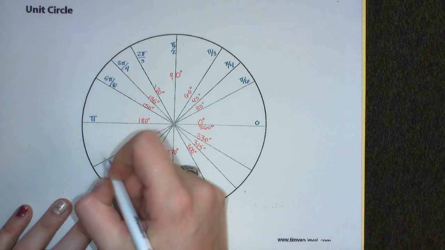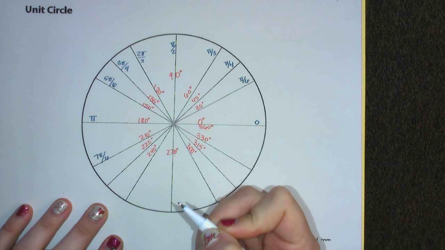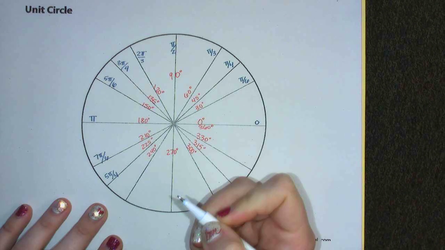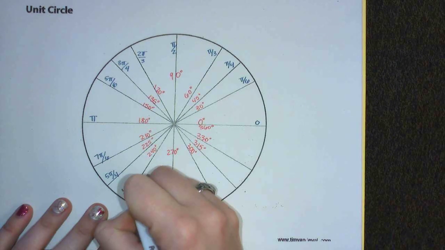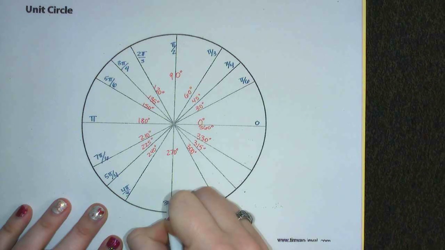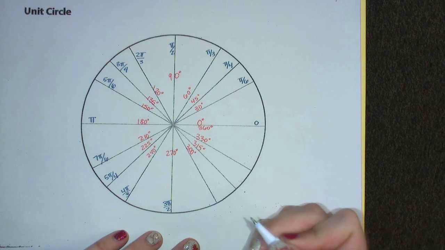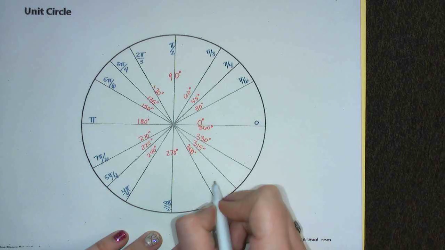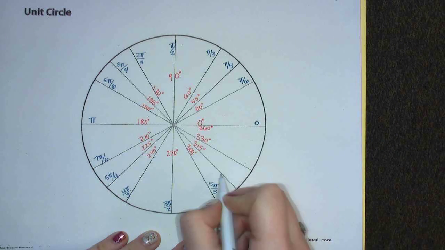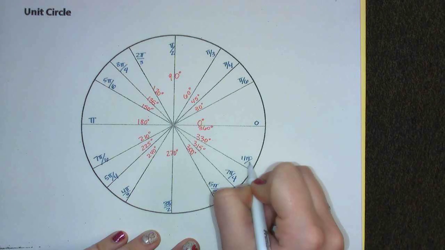So then this one, 7 pi over 6, then 5 pi over 4, 4 pi over 3, and then all the way down at the bottom is 3 pi over 2, then keep following around, we're at 5 pi over 3, 7 pi over 4, and 11 pi over 6.